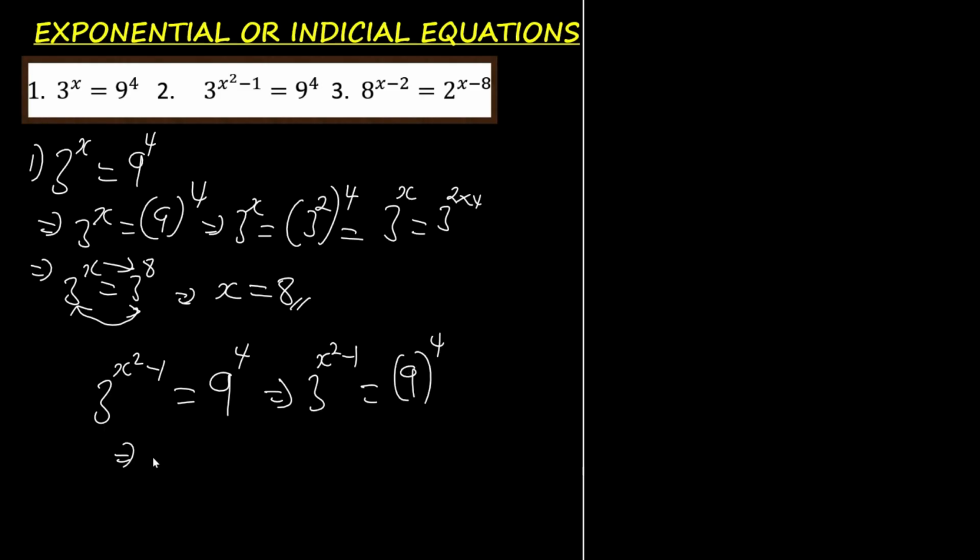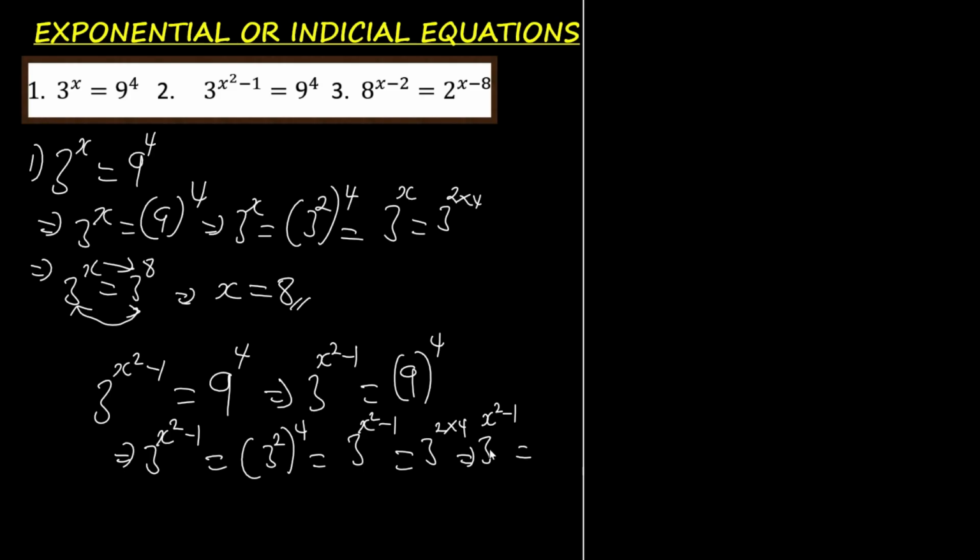The 9 is also the same as 3 squared, all raised to the power 4, and then 3 to the x squared minus 1 is equal to 3 to the power 2 times 4, which is 3 raised to the power 8. Now as I said, when the bases are the same, we can equate the exponents. So we can say that x squared minus 1 is equal to 8.